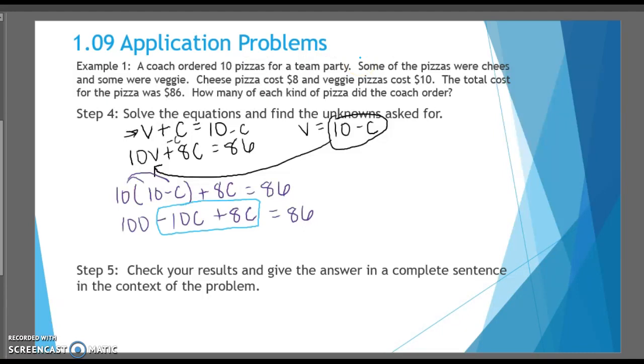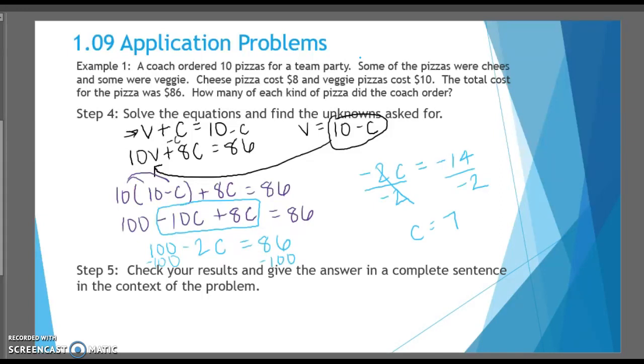So negative 10 plus 8 is negative 2. And then I'm going to solve the resulting equation right there by subtracting 100. So I have negative 2C equals negative 14. Divide by negative 2. C equals 7.